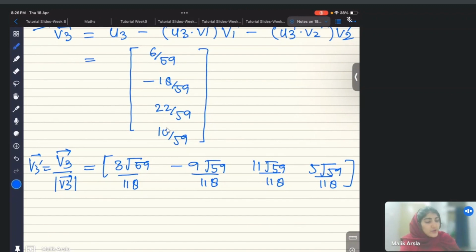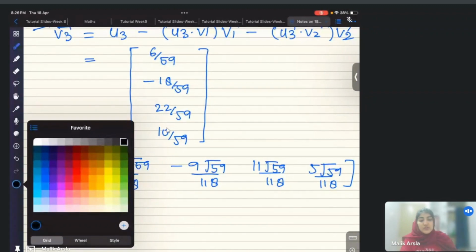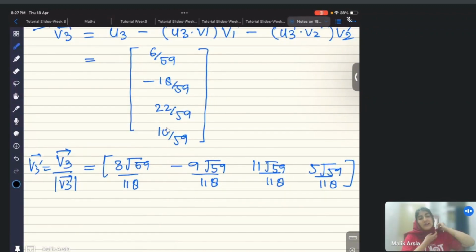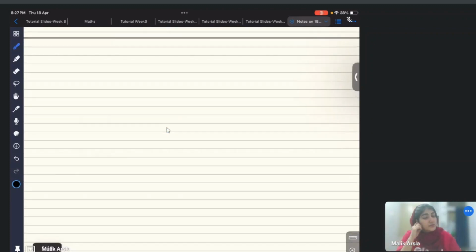Now the second question will be based on finding the RREF, rank, nullity, range space and null space of a matrix, which is one of the basic and most important topics of linear algebra.